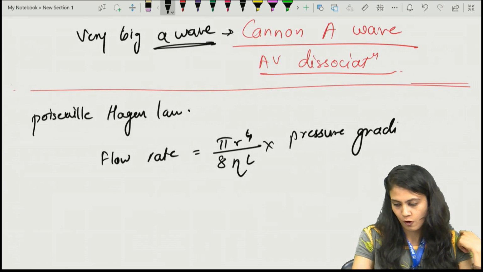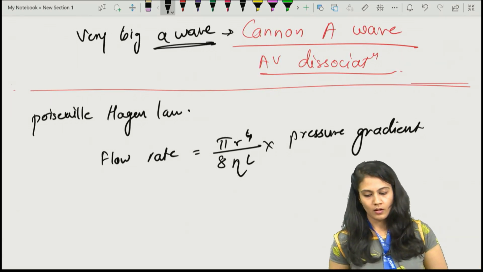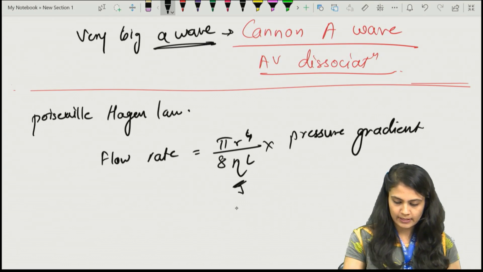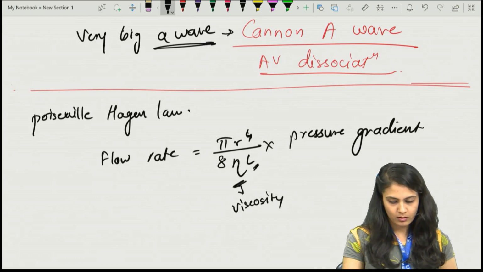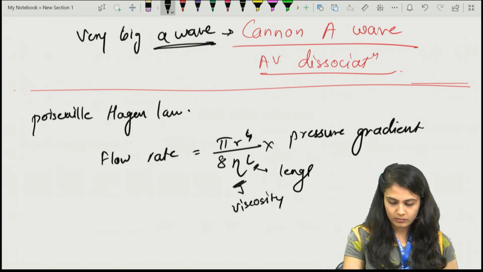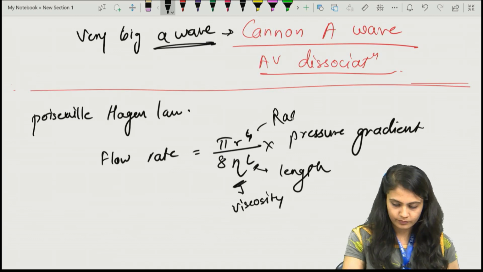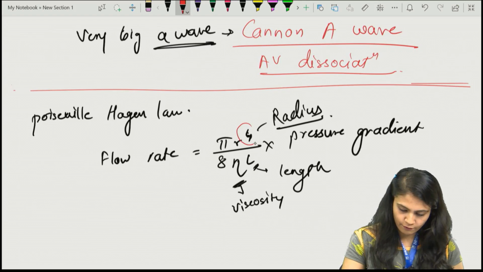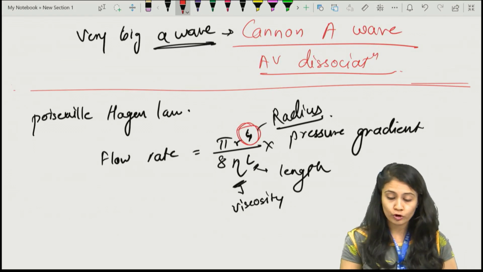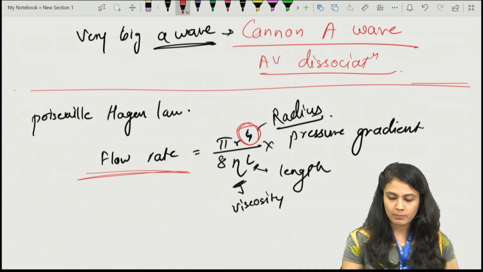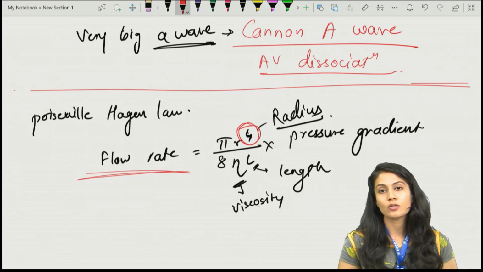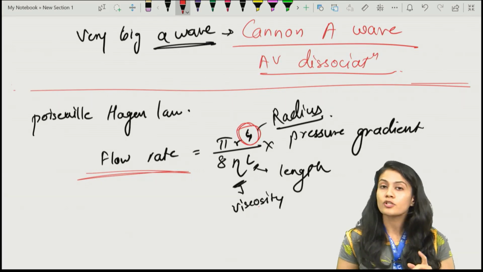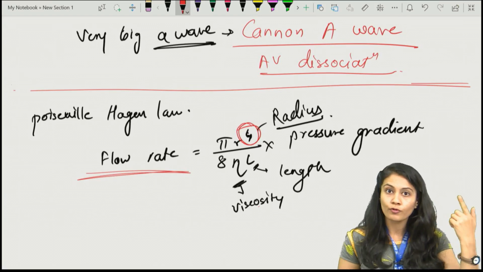This was the law given by Poiseuille-Hagen, where eta is viscosity, L is the length, and r is the radius. As we can see over here, the radius has the fourth power. The flow rate is inversely proportional to the viscosity and length, but directly proportional to the radius of the blood vessel, and not only directly proportional, it has the fourth power.